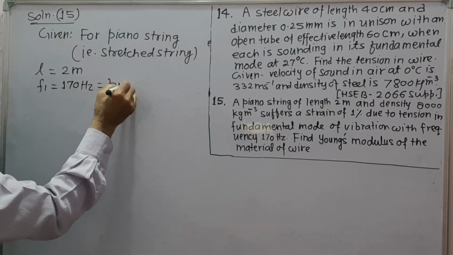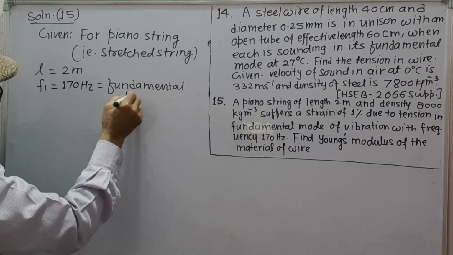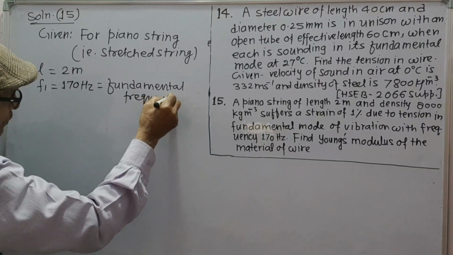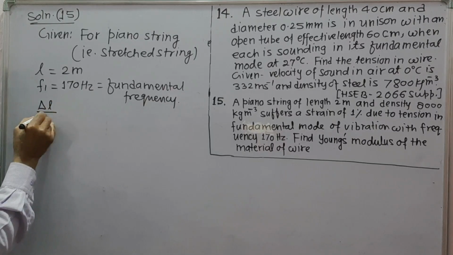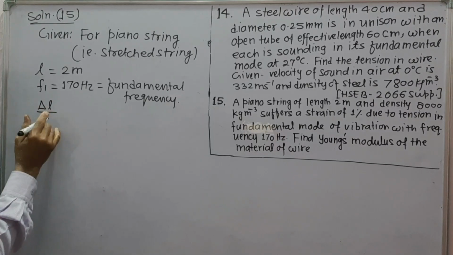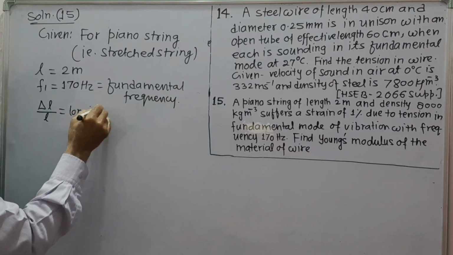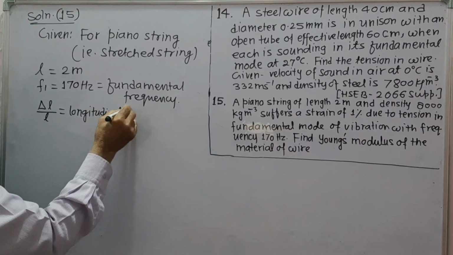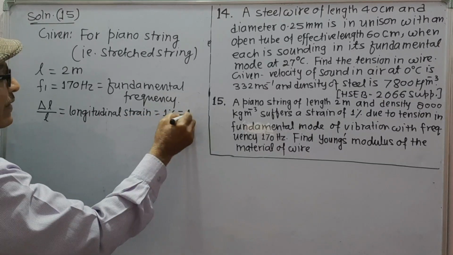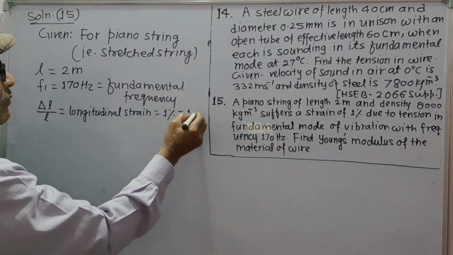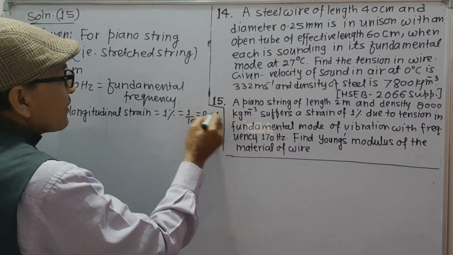Strain, change in length upon original length, that is longitudinal strain, is 1 percent, which means 1 upon 100, that is 0.01.